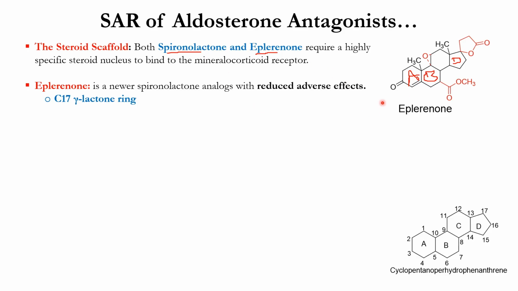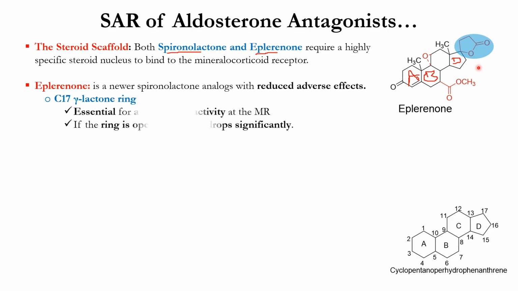They have three important structures or moieties. The first is the carbon 17 gamma lactone ring system, which is similar to that of spironolactone. They are essential for antagonist activity, and if we open the ring, the activity drops significantly.